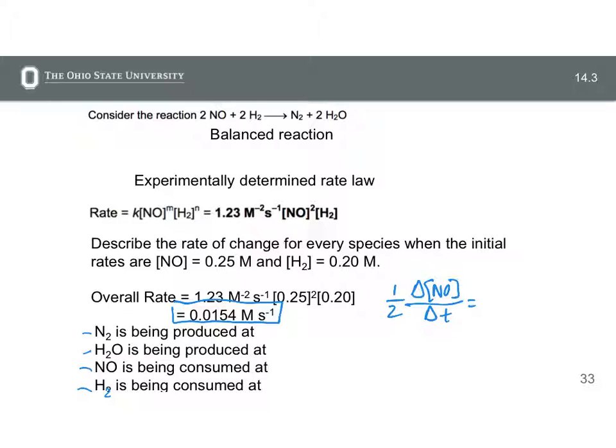So the only really interesting one, if we look at our stoichiometric coefficients, is that they're all the same except for N2. Okay, so let's look at the rate that N2 is produced at. So I'm just going to use our stoichiometric coefficients to relate.